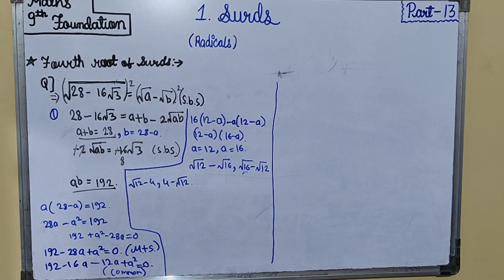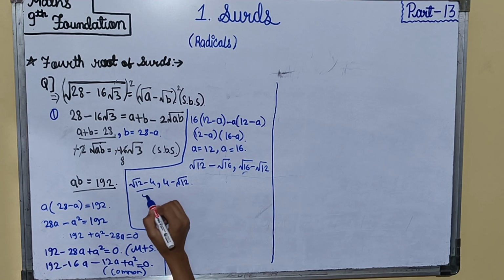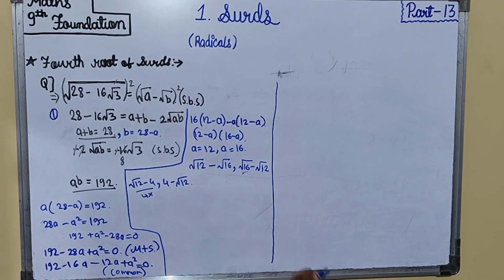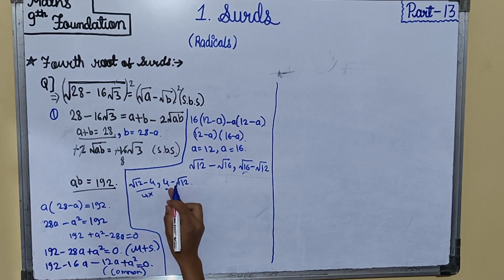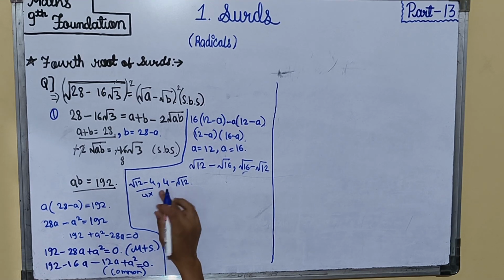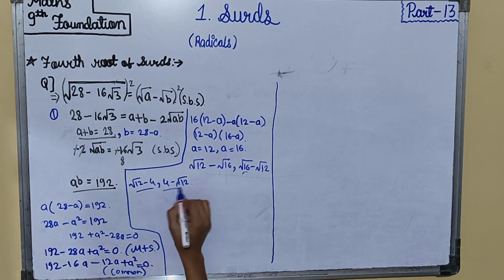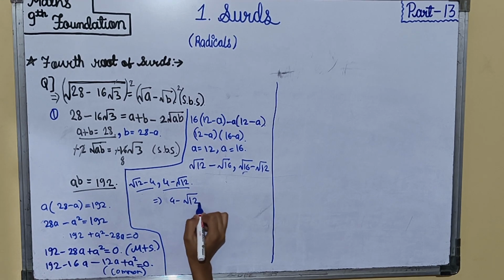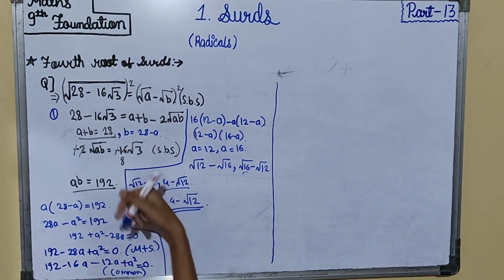We cannot take the first one because then the rational number will get negative. A positive number is never negative, so that's why we'll take this one. So 4 minus root 12 would be the answer of the first root.